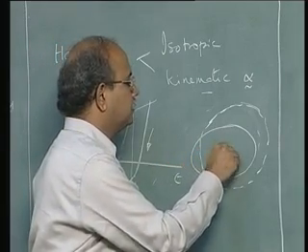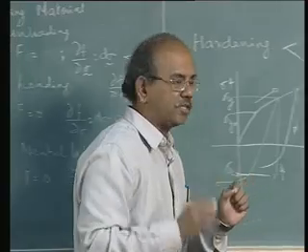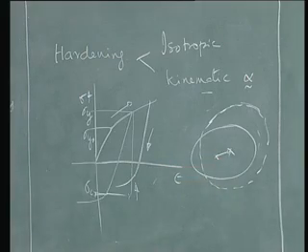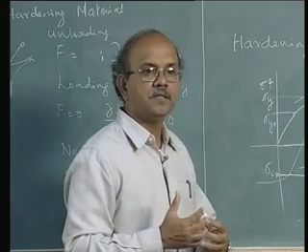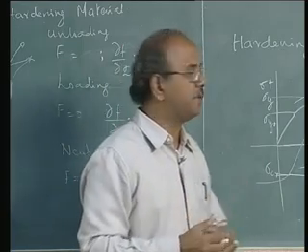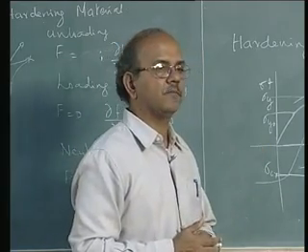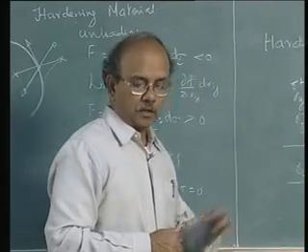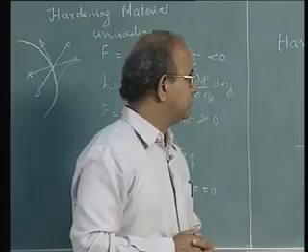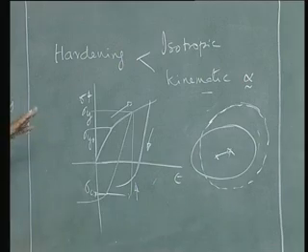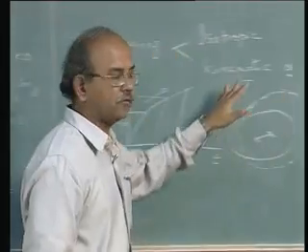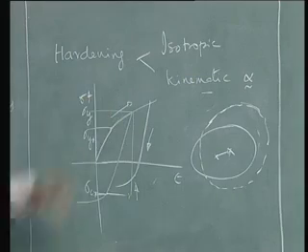Let us say that, within quotes again, the center has now shifted. This shift is represented by means of this kind of back stress, which is called alpha. Let us not worry about the kinematic hardening right now, because we have to develop some algorithms, and it is going to be quite difficult. Even if we do it for isotropic hardening, we will do kinematic hardening later.